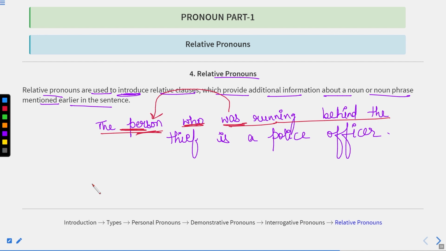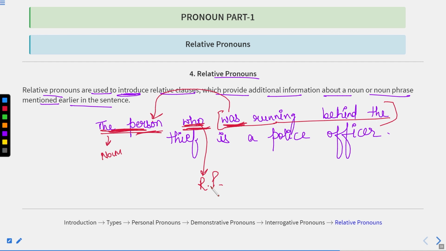So when the additional information given in the sentence is related to the noun or the noun phrase given in that sentence, the word which is linking the two is known as a relative pronoun. Now you can see this is the additional information about the person. So this is the noun or noun phrase, okay, and this is related to this with the help of who. So this is known as a relative pronoun.